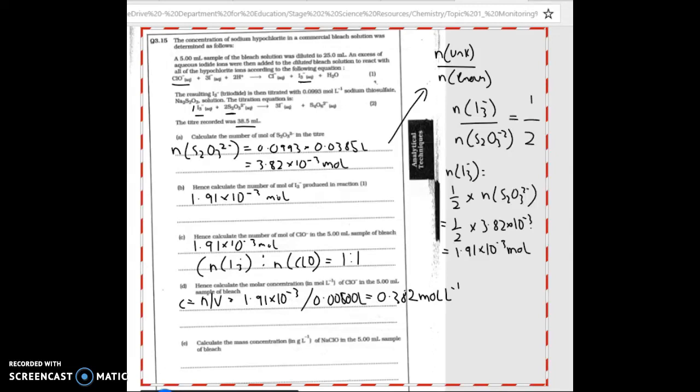Okay, and finally part E, calculate the mass concentration in grams per litre of the sodium hypochlorite, I should say, in the 5 ml sample of bleach. We've worked out we've got 0.382 moles per litre.